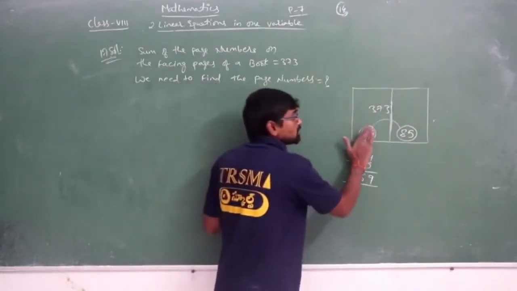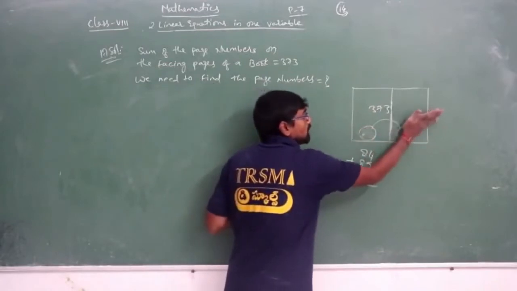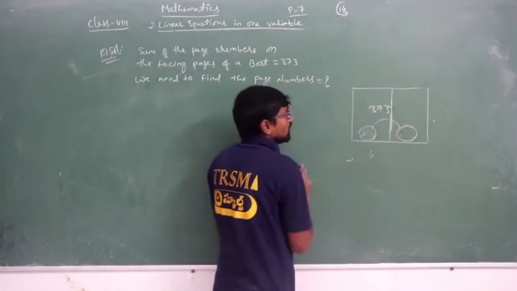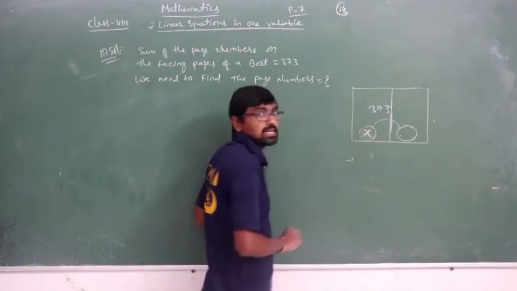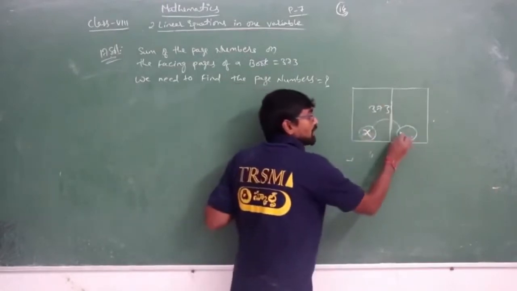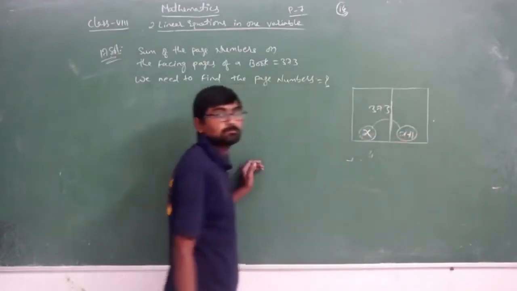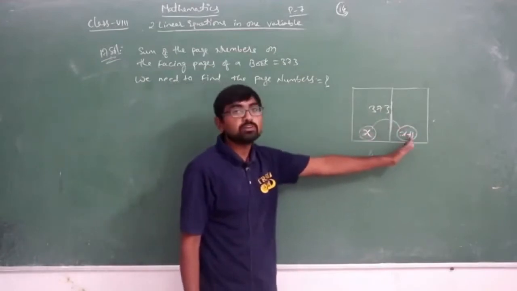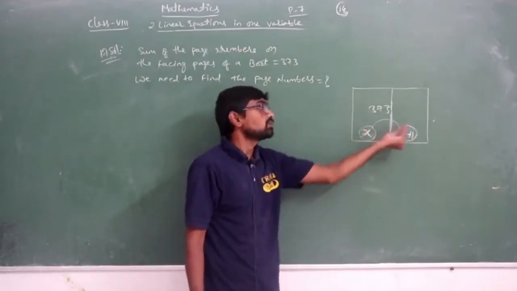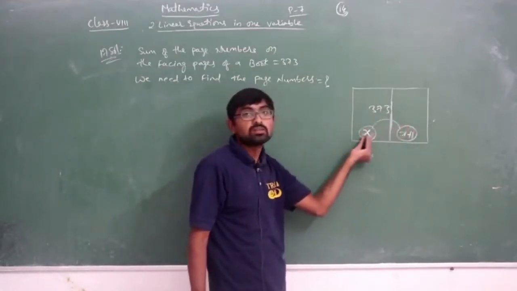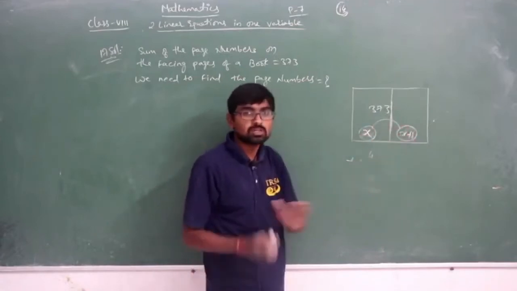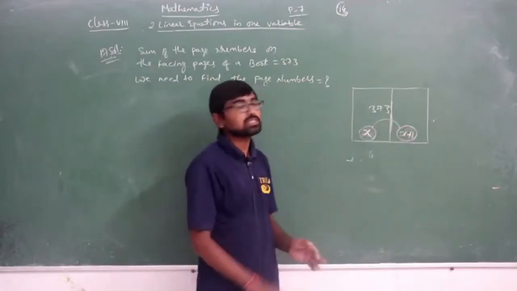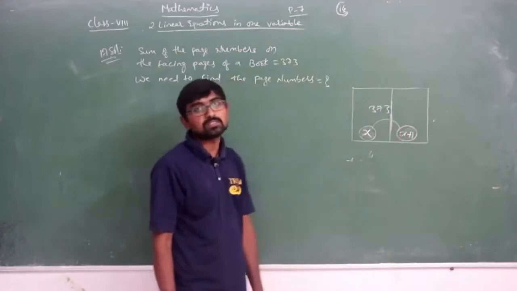I don't know the exact value of these pages, so I will take this page as x, and after x I will be adding plus 1. Why? 10, here it will be 11. If I take 100, 101. 1000, 1001. Just a plus 1 difference is there between these pages, isn't it?